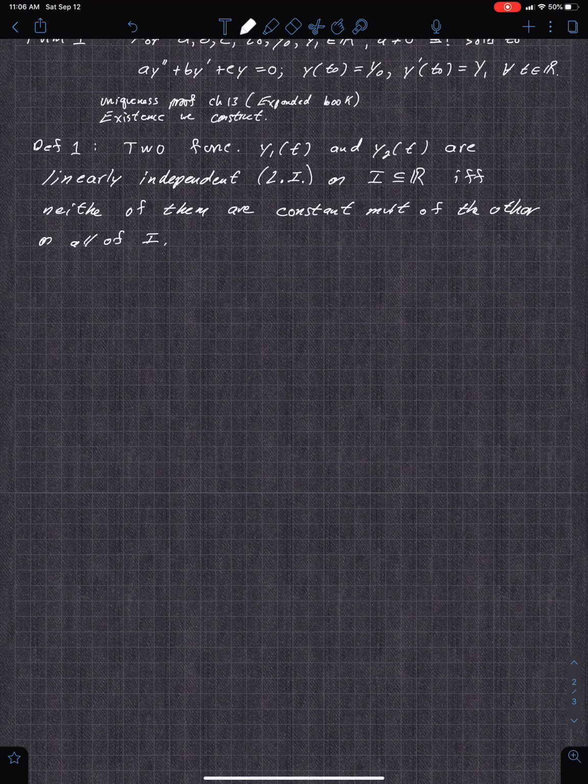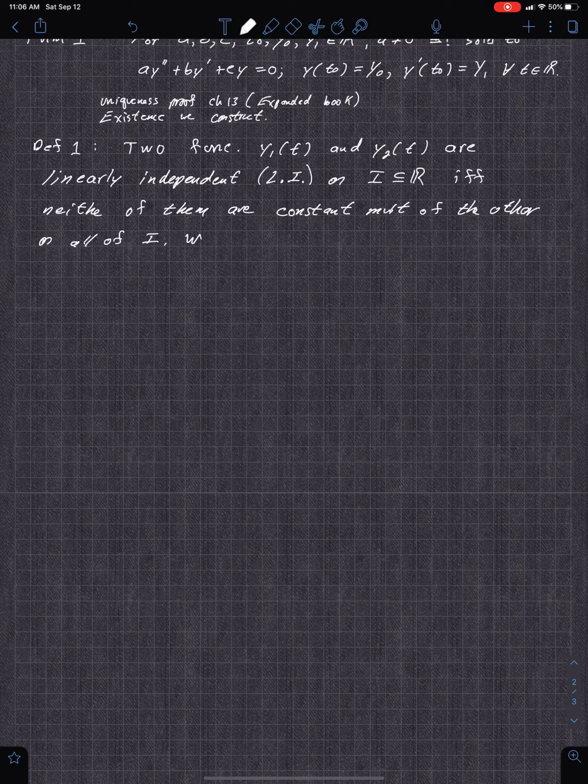So repeat that. We say y1 and y2 are linearly dependent on I if that statement's not true, essentially. So that's the dependence case.